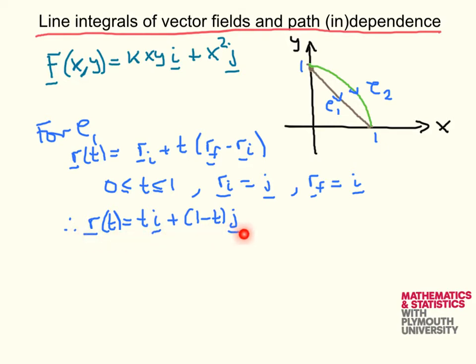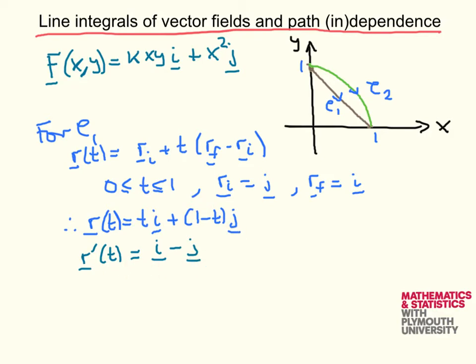This then tells us, if we differentiate it with respect to the parameter, that the derivative of the position vector with respect to t is i times 1 minus 1 times j. I get that by differentiating this with respect to t. This just gives us i, this gives us minus 1 times j.